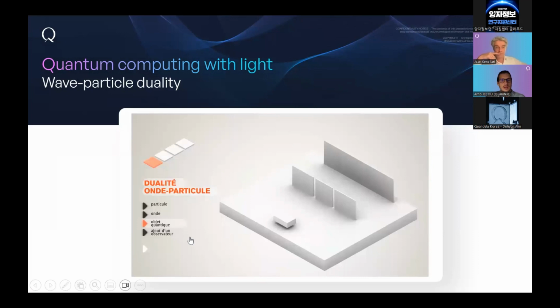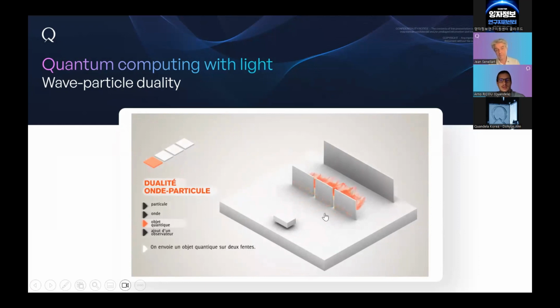Then a little animation to remind you about the property of wave-particle duality of photons. First, we send a quantum object on a double slit. That's the famous double slit experiment. We send, say, a photon onto these two slits, and we have a probability of this photon being located in either of these two slits.